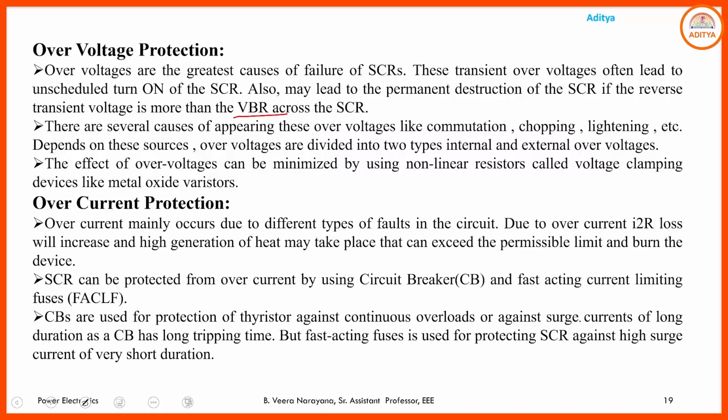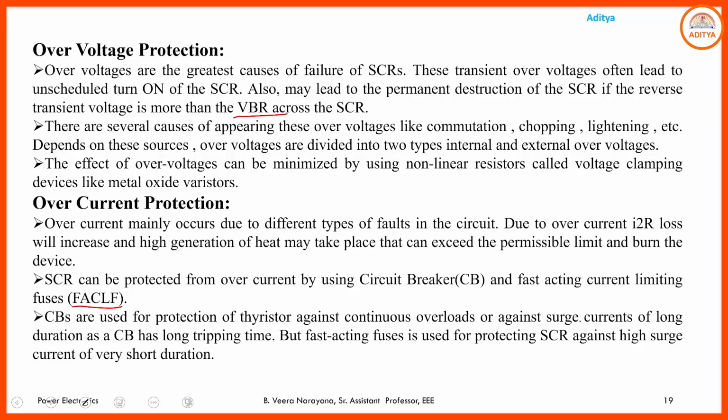So the SCR can be protected from overcurrents by using either circuit breakers or fast acting current limiting fuses. Very, very important: these fast acting current limiting fuses are used to protect the SCR from overcurrents, hence why this is called overcurrent protection.